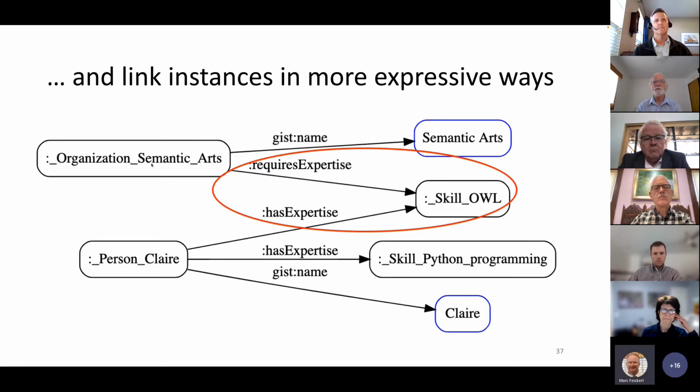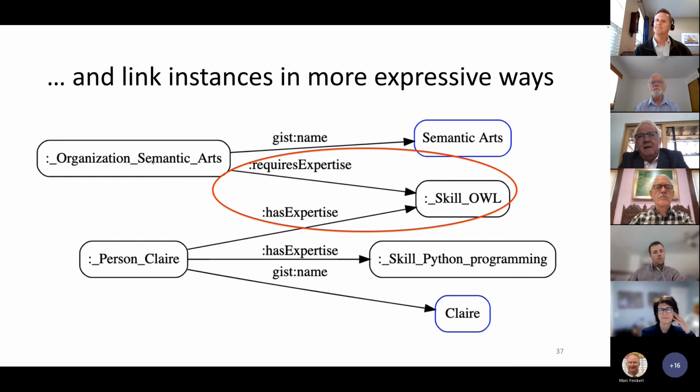If you categorize something, person Claire is the kind of thing that has expertise, skill, and so on. But it's less obvious to me that organization Semantic Arts is a kind of thing. "Requires expertise" doesn't seem to me like a subproperty of "categorized by" as much as "has expertise" does. But I've struggled with it. I don't know whether it's good or bad, but what do other people think?